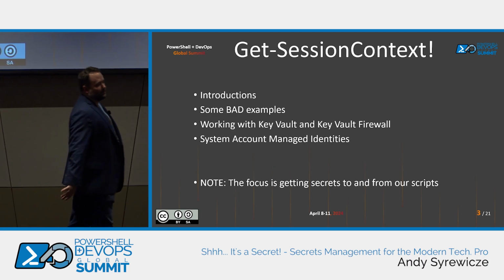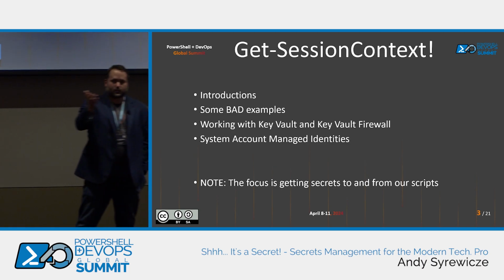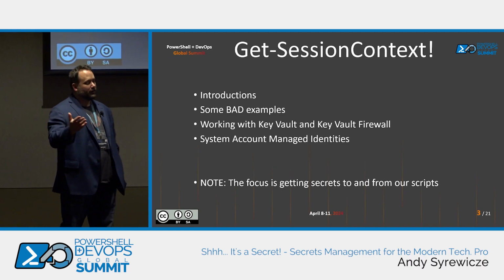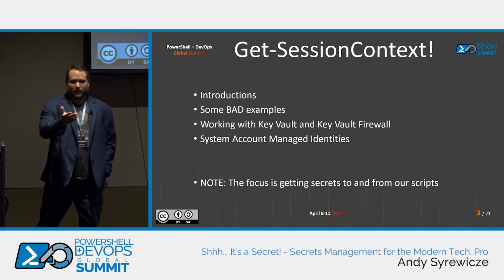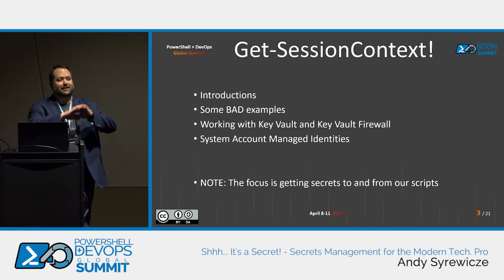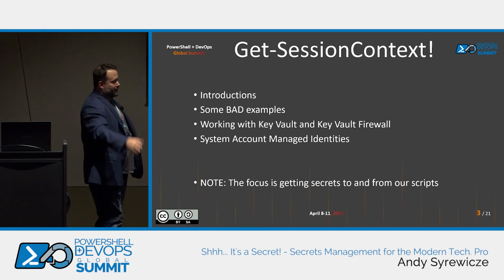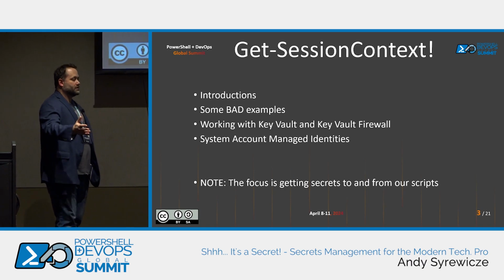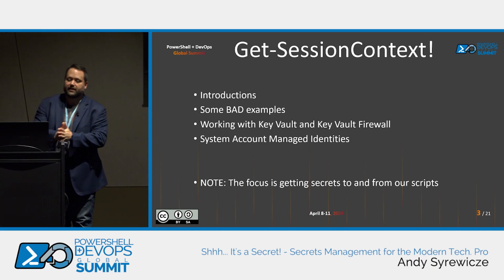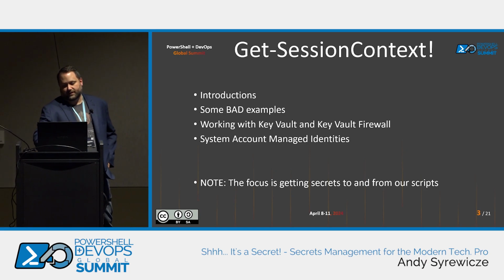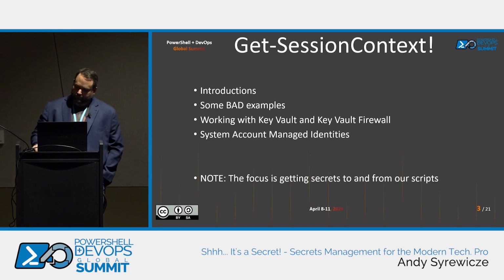They're in the logs at that point. Another example was PSReadLine, which is a tool that kind of has its own history. So with tools like that, you have to watch out for secrets as well. We're not going to get into that level of secrets management, but that's certainly something you can think about as you work on your own scripts. So again, we're focusing on getting secrets to and from our scripts, and that's the focus of today's session.